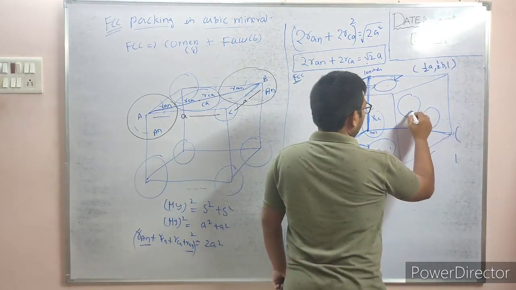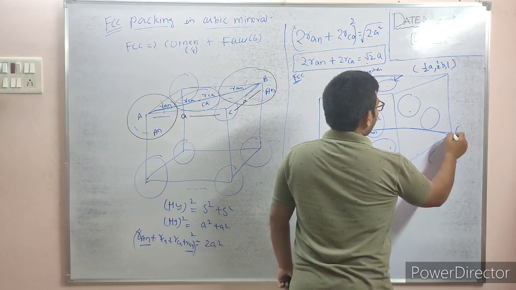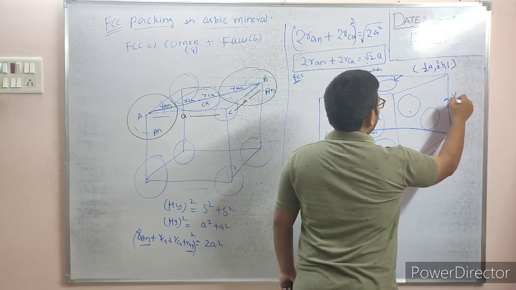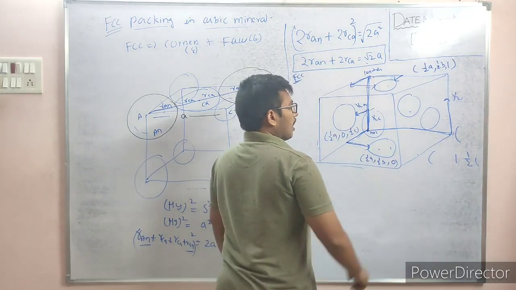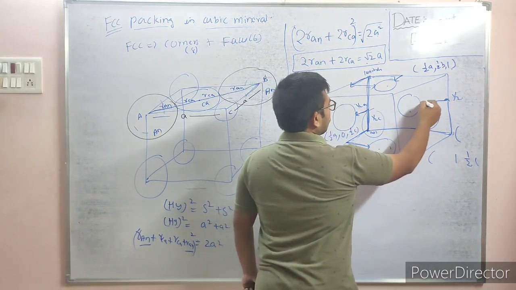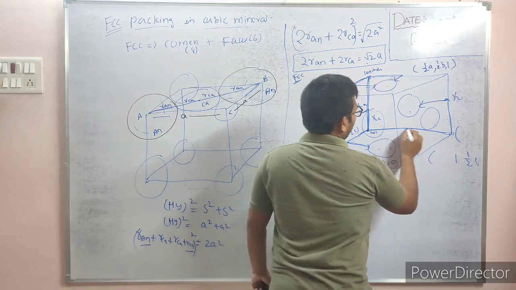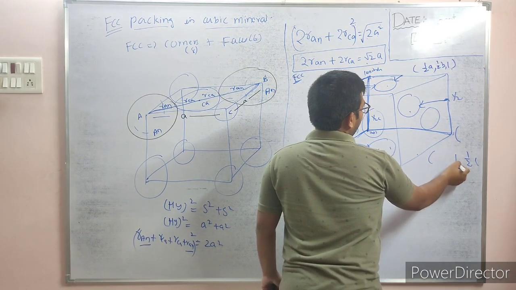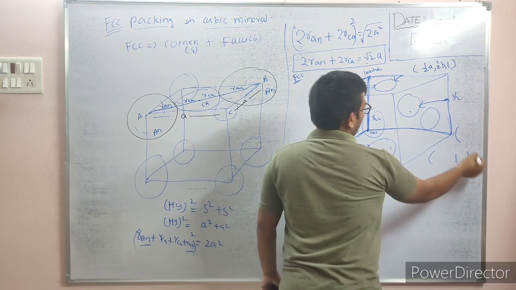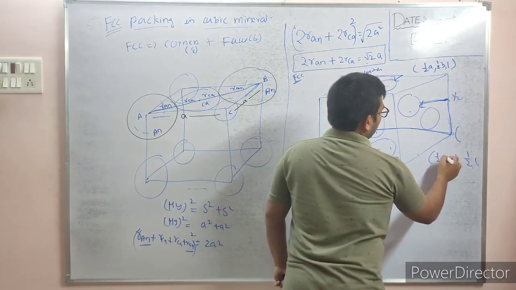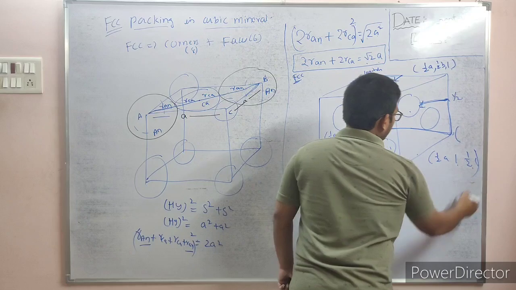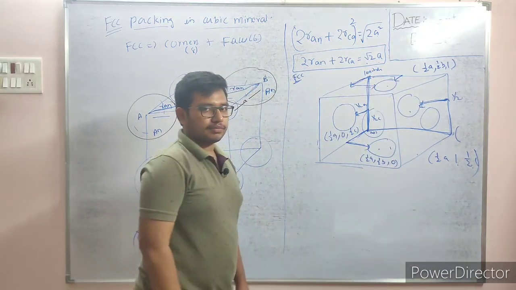Now to get into this position, it traveled along C, which is half unit length, so put the value half C. And it traveled along A, which is half distance of A. This is the value of this atom designated.